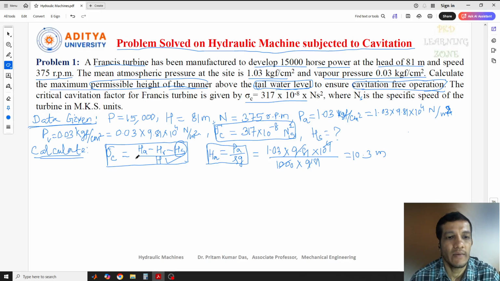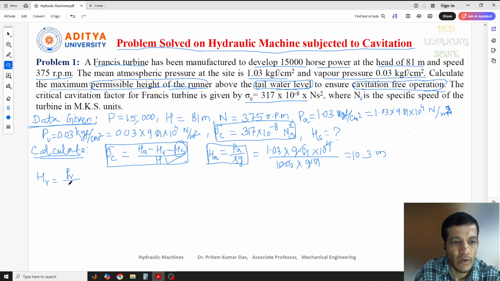So HB value is nothing but the same thing. We can write the vapor pressure head in meter of water. So HB equals PV by rho g. Already I got the value of PV, that is 0.03 into 9.81 into 10 to the power 4, divided by rho g.